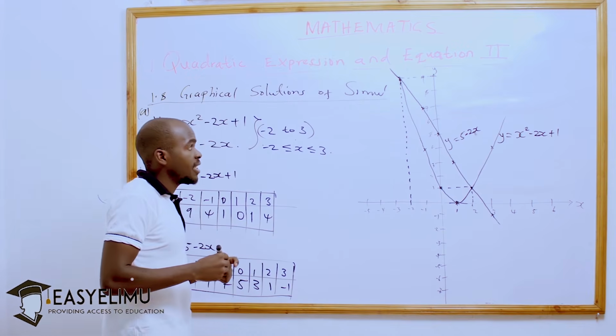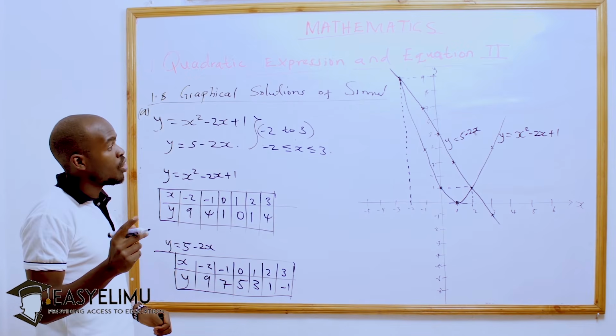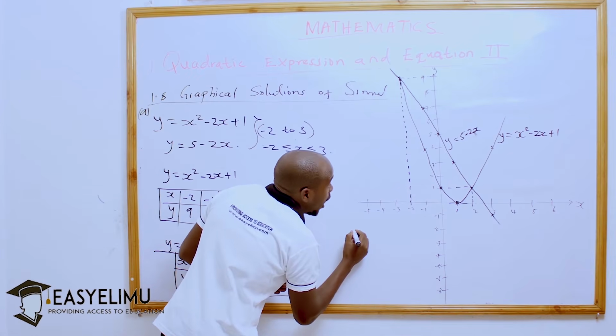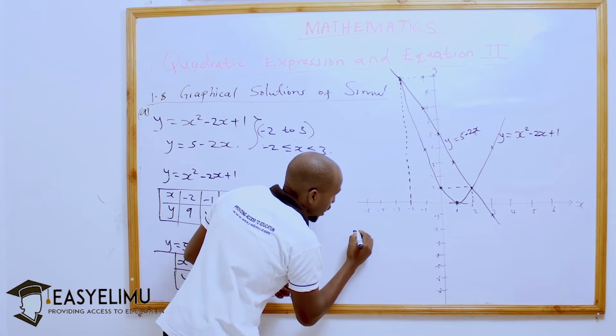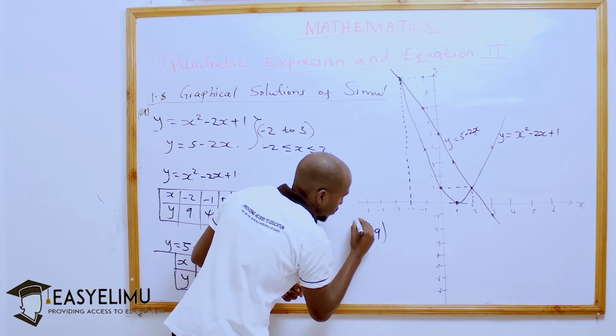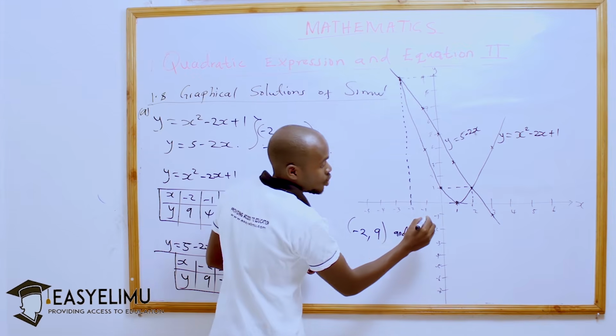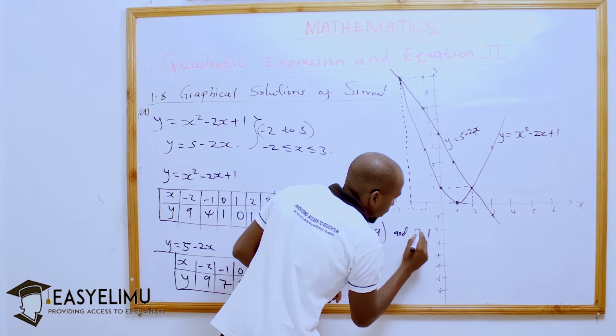So we find it cuts the graph at two distinct points, at point negative 2, 9, and also at point 2, 1.